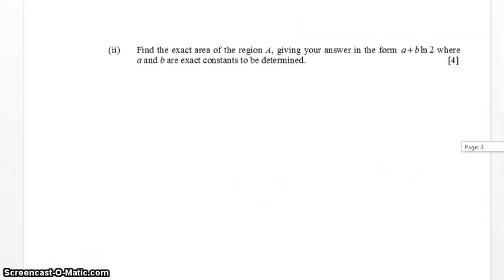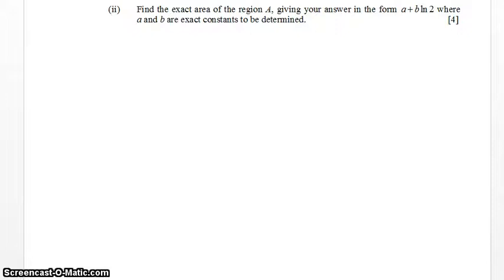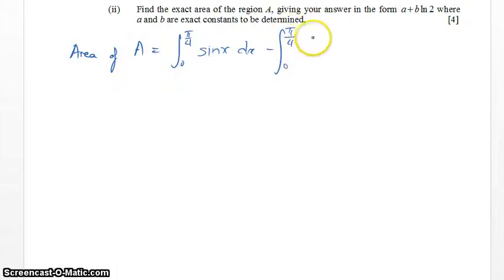So if we come down, find the exact area of A, giving your answer in the form A plus B ln 2. Okay, so the area of A is going to be the integral from 0 to pi upon 4 of the top line, which was sine x dx, minus the integral from 0 to pi upon 4 of the bottom line, 1 over root 2 tangent x dx.